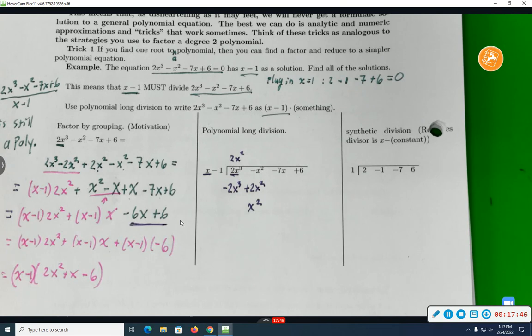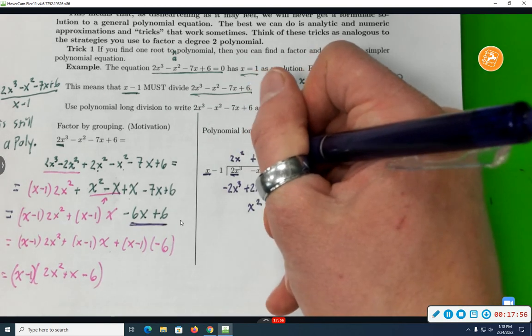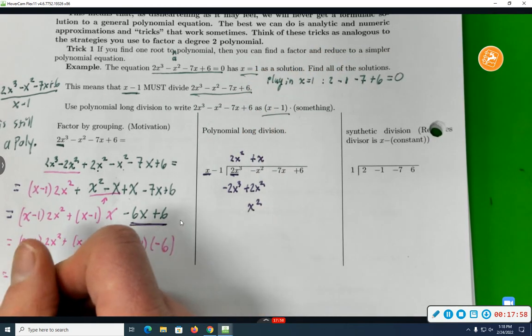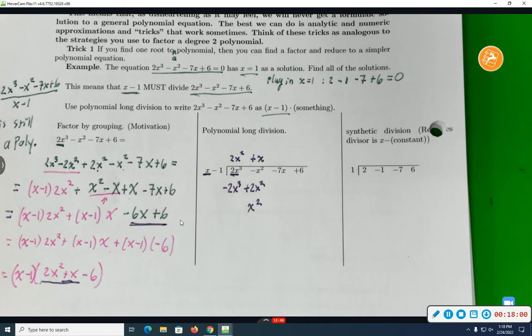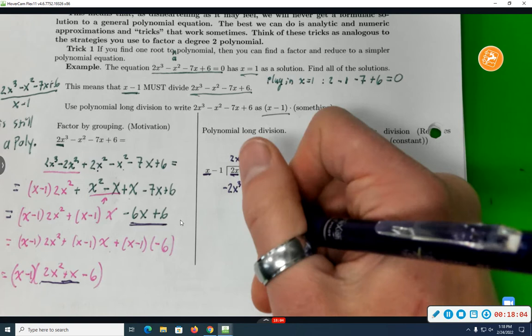Good. So what do I need to multiply x by to get x squared? x. So the next term in the division is x. And notice, so far we're agreeing with what was over there. That's nice. Take that x, multiply by x minus 1, and subtract.